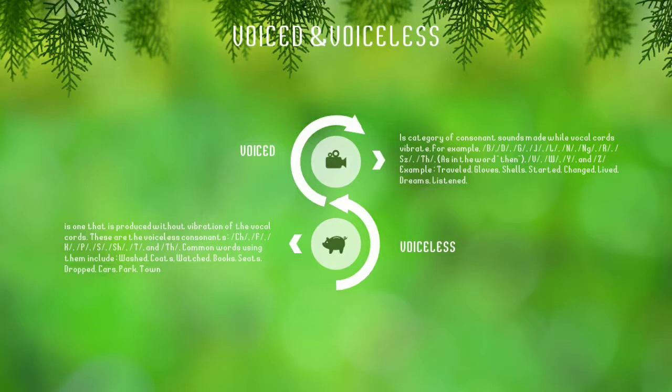And voiceless is one that produces sounds without vibration of the vocal cords. These are the voiceless consonants. Examples: k for coat, p for park, t for town.